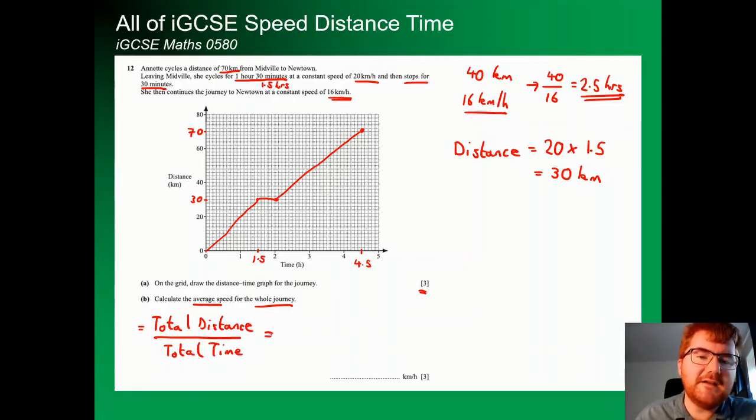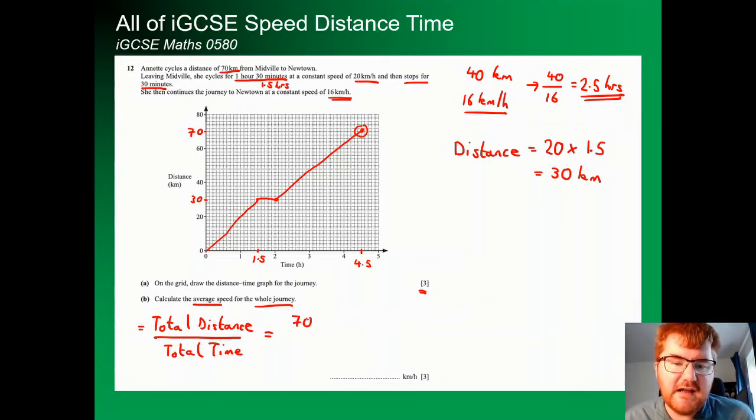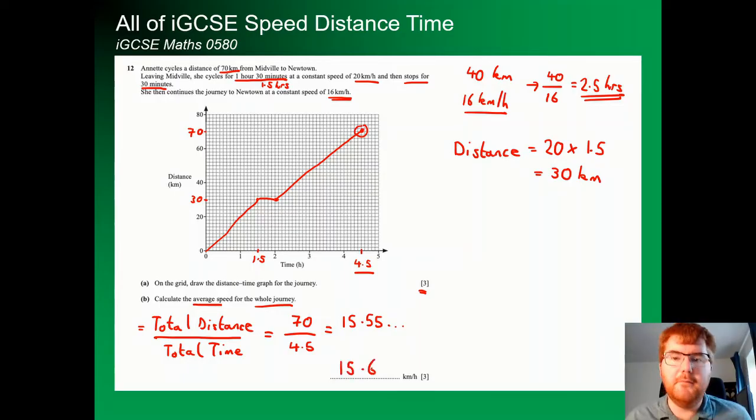And we know that from the calculation we just did here. So we know total distance is 70, the total amount of time taken is 4.5, and we simply pop that into our calculator. So 70 divided by 4.5, that's then going to give us 15.55... So I'm just going to round to 15.6.